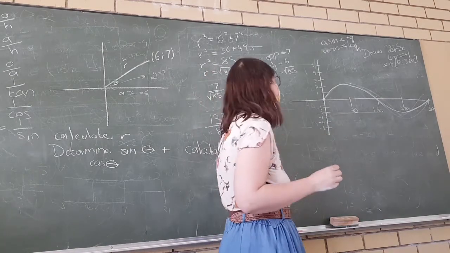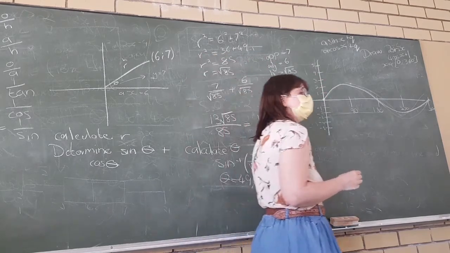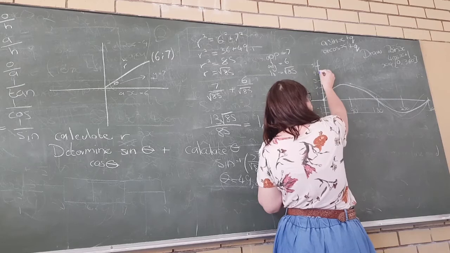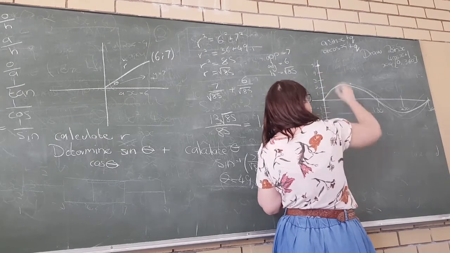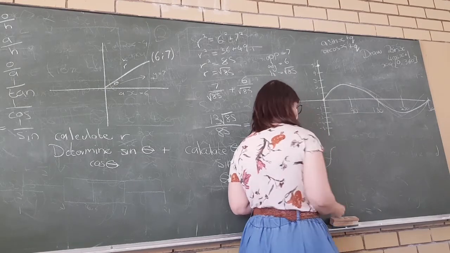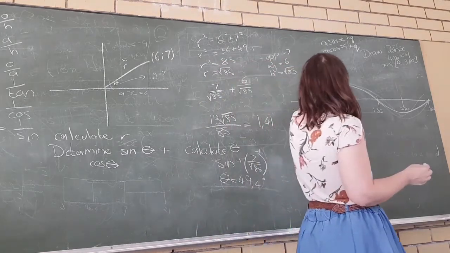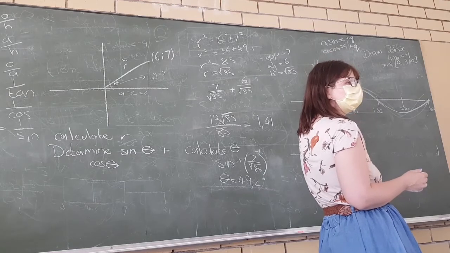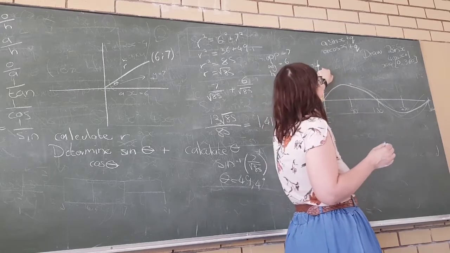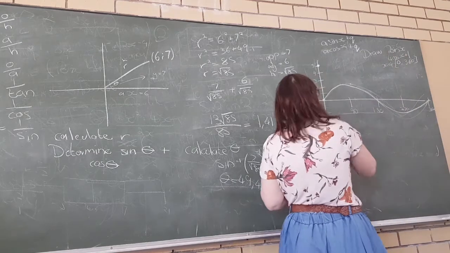Now I need to do my 4 cos x plus 1. If I've got a cos graph, it starts up here at 4, but it's plus 1, so it'll start at 5. Normally a cos graph looks like this, but since it's 4, we know our amplitude is 4. So we start at 5.